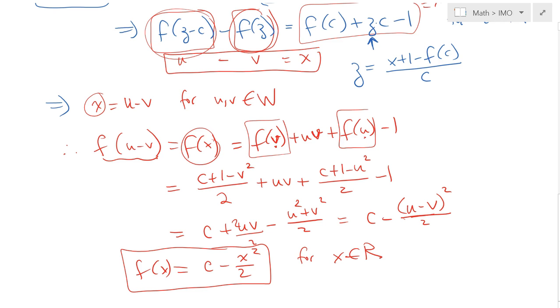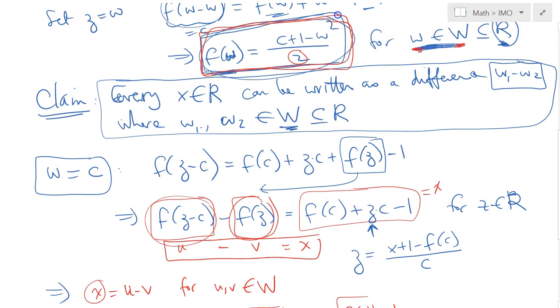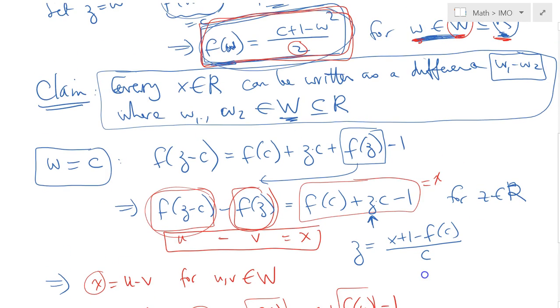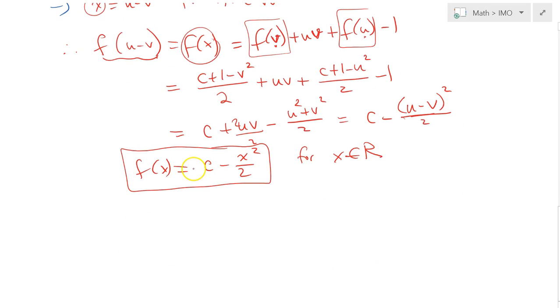But finally, if you compare this formula with the earlier formula, they have to agree, right? Because W is a subset of R, so they have to agree with each other. So let's make them equal to each other. For instance, in this equation, I can plug in w. It should still work. So f of w is equal to c minus w squared over 2.